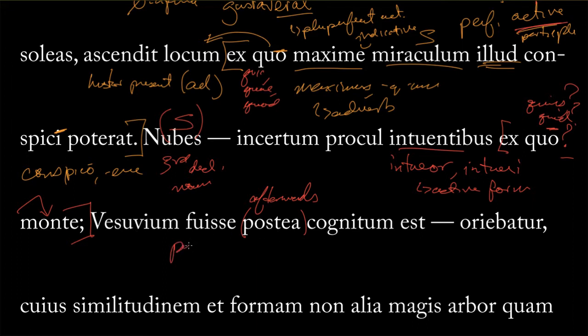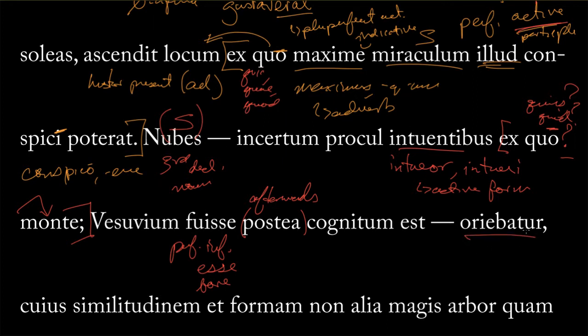So why do we have a perfect infinitive here? Because that's what fuisse is. It's not esse. It's not fore, the future infinitive. It's the perfect infinitive. Well, this is because they're learning later that it had been, that it was Vesuvius. That was the mountain from which the cloud or clouds were coming.